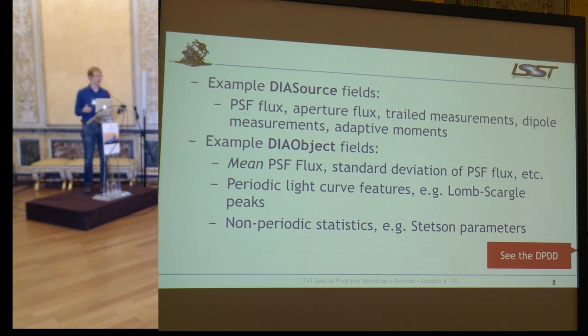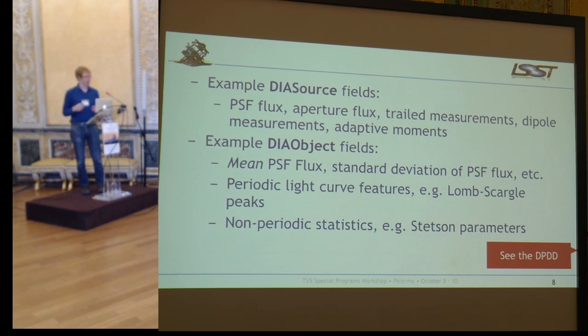So we'll give you a mean of the PSF flux. We'll give you also a standard deviation and an uncertainty on that, so you can tell, does this have fluctuations in the individual measurements above and beyond what you would expect from just Poisson noise? This is a nice way to get at really variable objects in a crude way. Does it just have more variability than we would expect from a constant source?